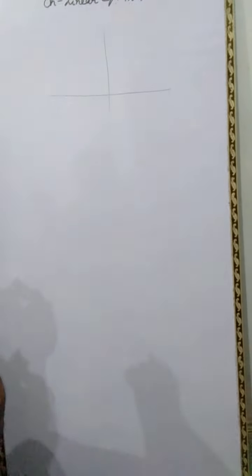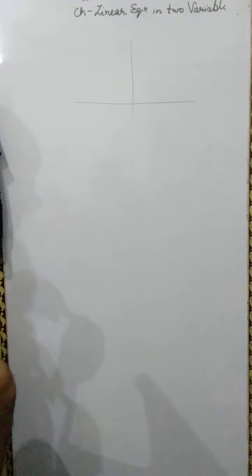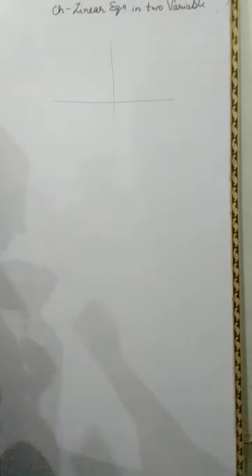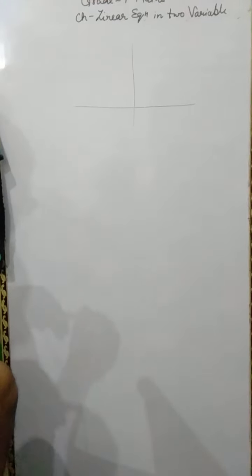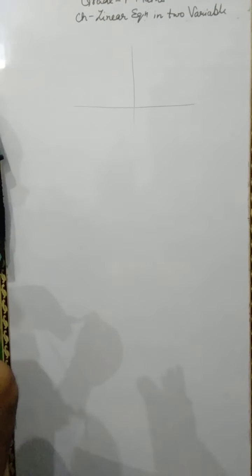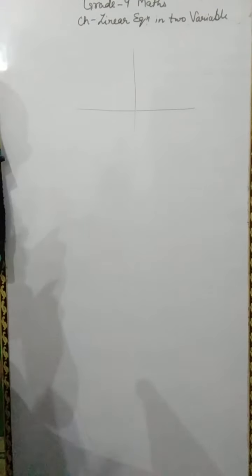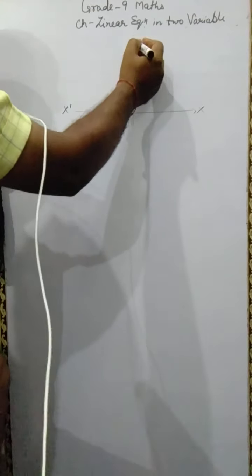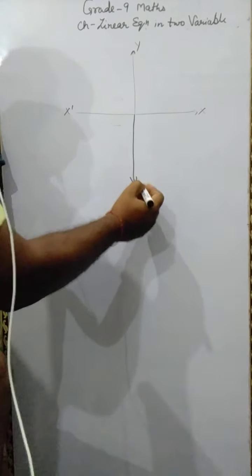If you draw the x-axis and y-axis, they will intersect each other at a point. If you are going to locate a point, this is x, x dash, y, y dash.